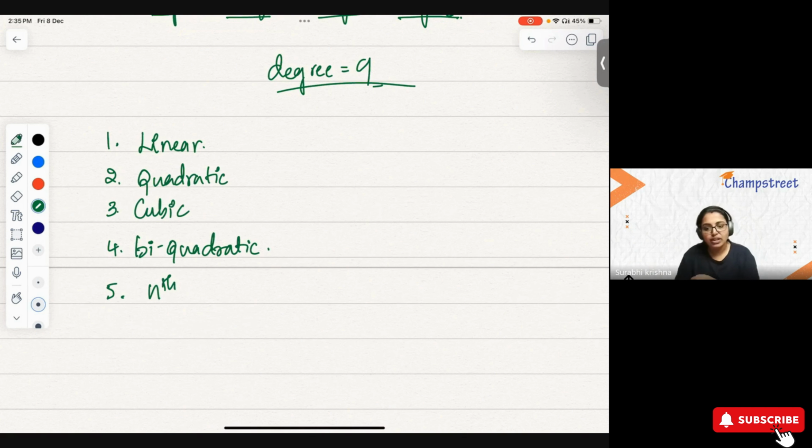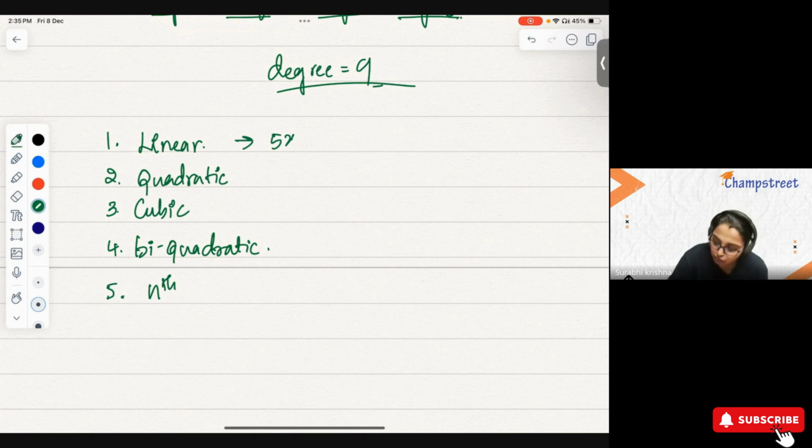If you have more than 5, we'll call it an nth degree polynomial where n is equal to that particular power. Linear means the highest power of any variable in this polynomial will be 1, right? So every single term of this polynomial can contain only one variable, and that variable should always have the degree as 1.